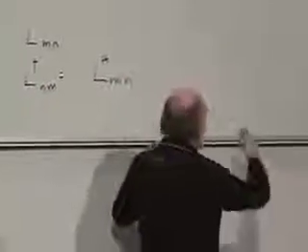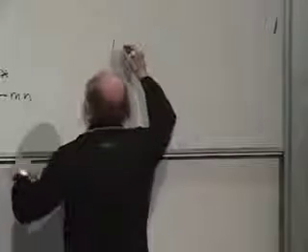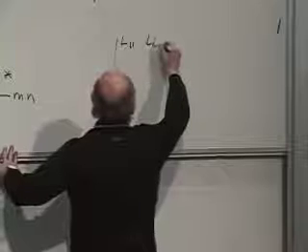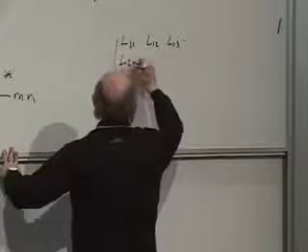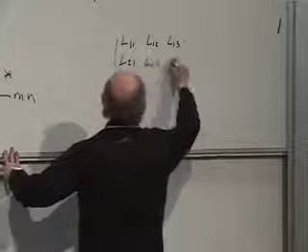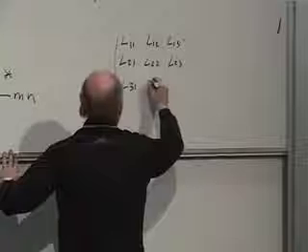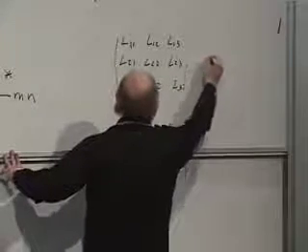In terms of matrices, what this means is that if you have a matrix L11, L12, L13, dot, dot, dot, L21, L22, L23, dot, dot, dot, L31, L32, L33, dot, dot, dot.